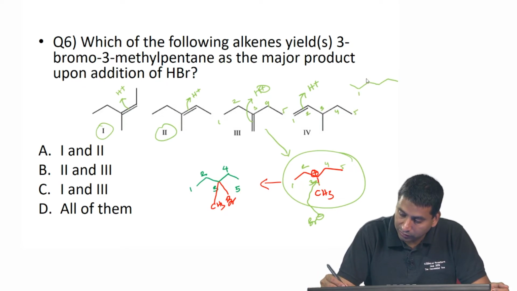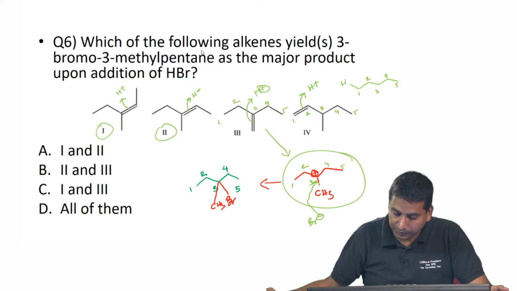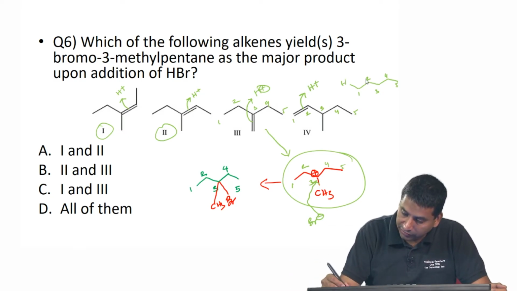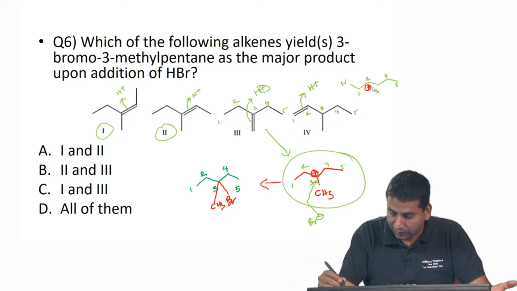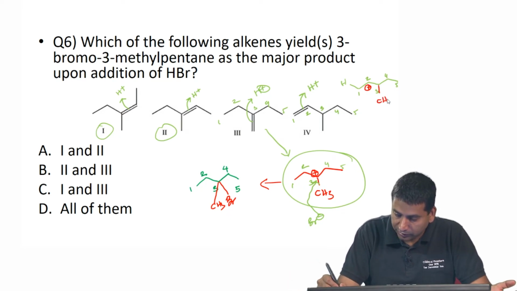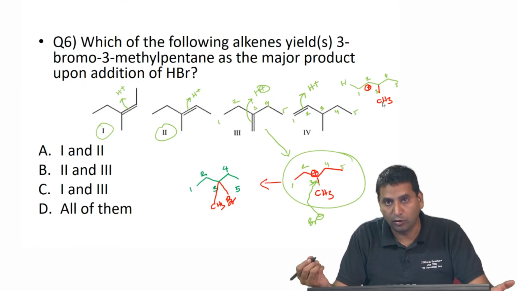So, we have 1, 2, 3, 4, 5. The hydrogen is added here, and there would be a positive charge generated in carbon 2, okay, and there is a methyl group over here, just so that we complete this. So, this would be the major carbocation that you would form.